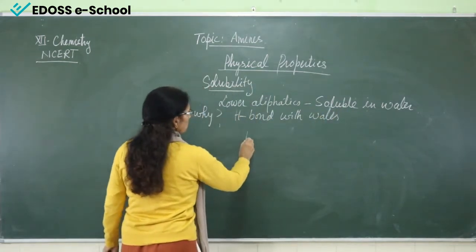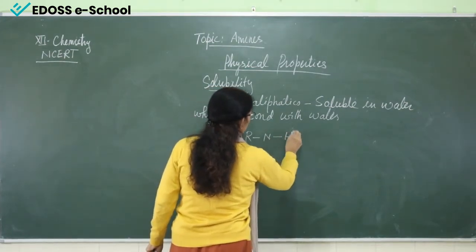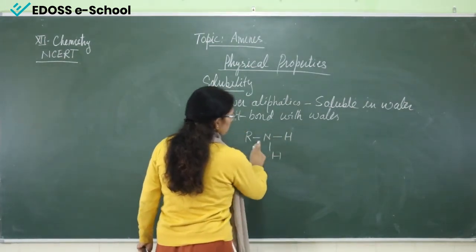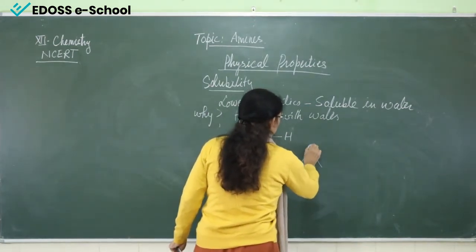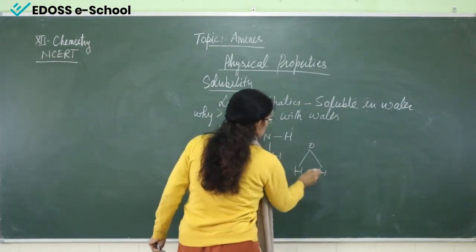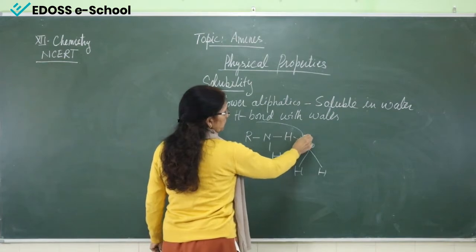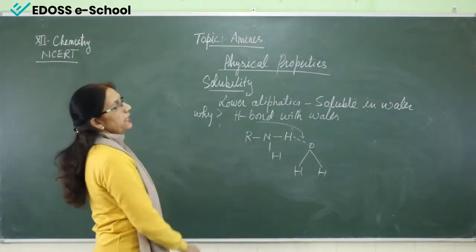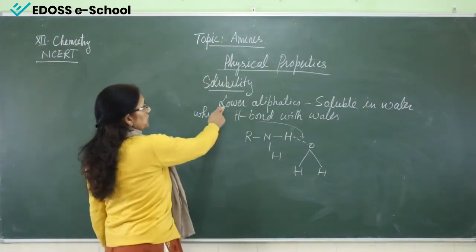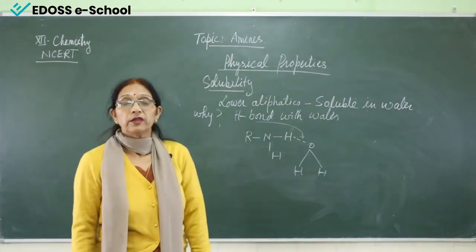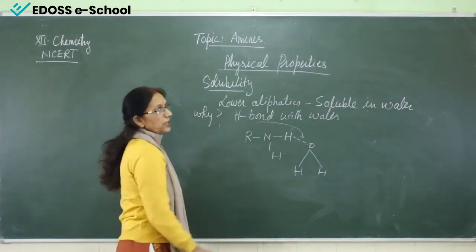You can see this is R, this is N, this is H, and this is water. In this way, a hydrogen bond can easily be formed here. So lower aliphatics are soluble in water. But as the number increases, higher aliphatics are not soluble in water.